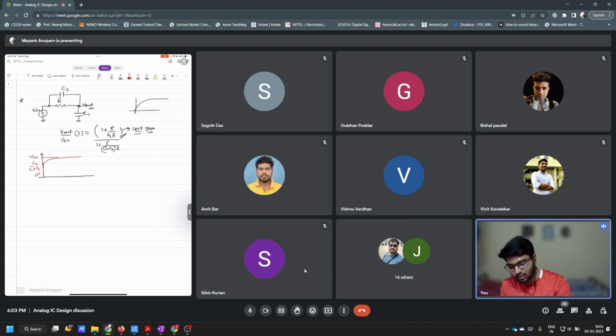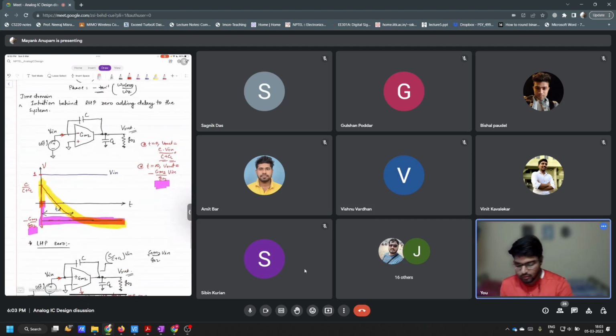But because of a right half plane 0, this system is simply pushed in the wrong direction, right? Correct. So this is the intuition behind these poles and zeros, and how the response looks in the time domain. So this intuition comes in very handy. Okay.